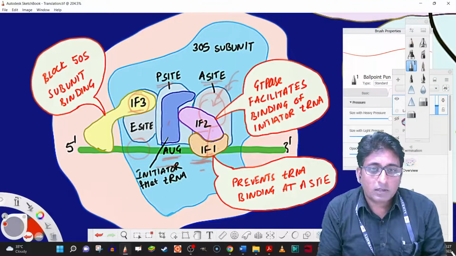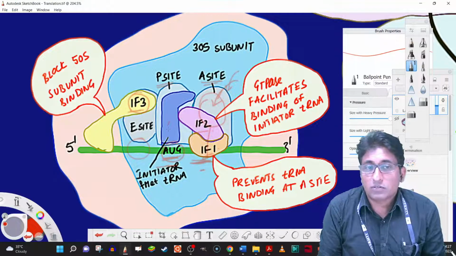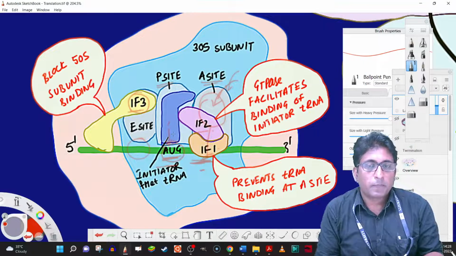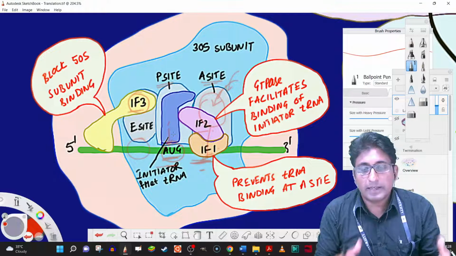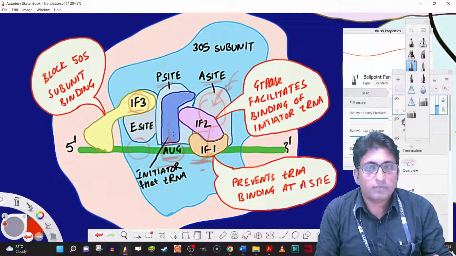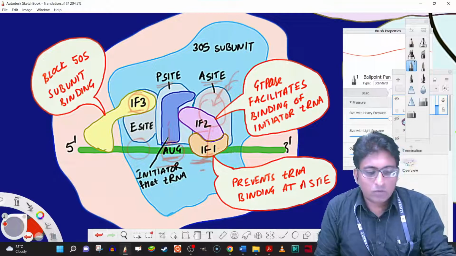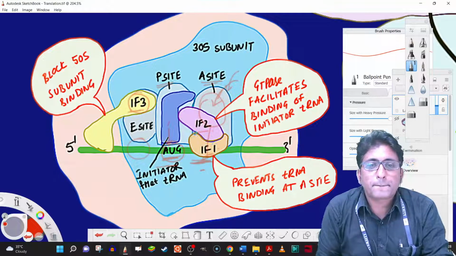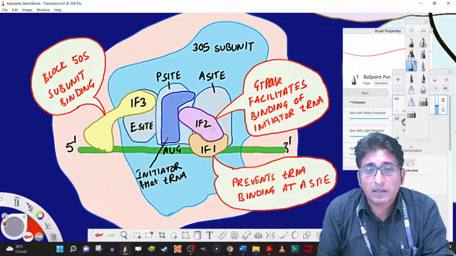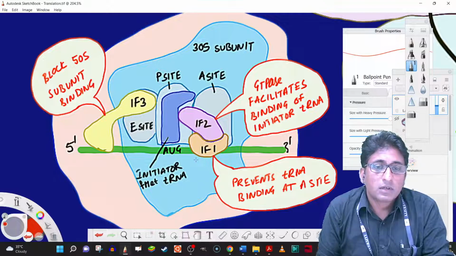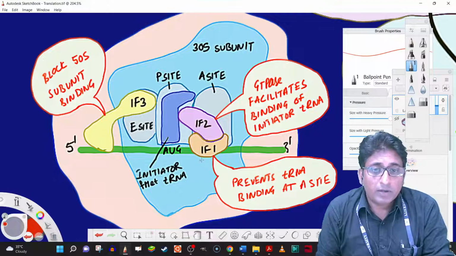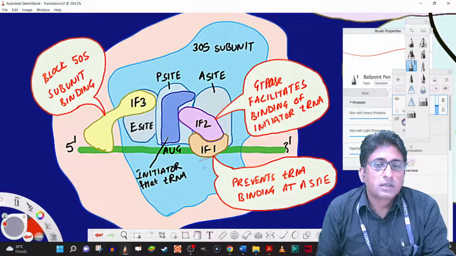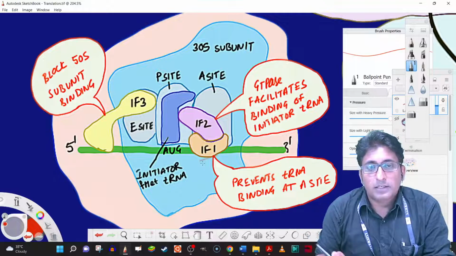We know that all open reading frames start with AUG, so the initiator tRNA can be here, but we cannot say with the same assurance that the second codon would be this. It's not fixed. So somehow we need to have the A site free, so that we will not have any discrepancy with codon-anticodon pairing. So IF1, initiation factor 1, is thought to prevent binding of any tRNA to the A site.